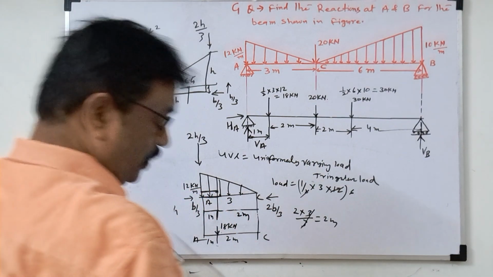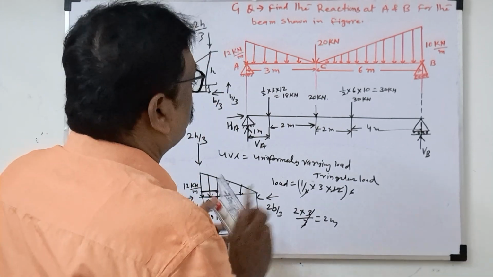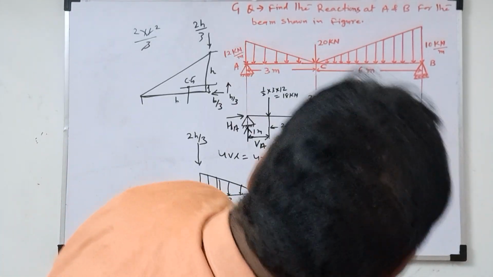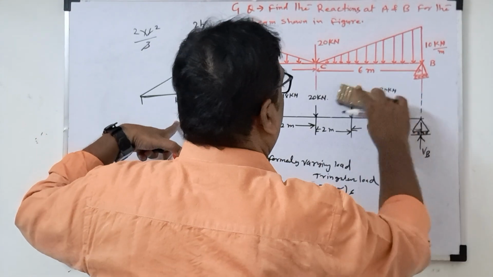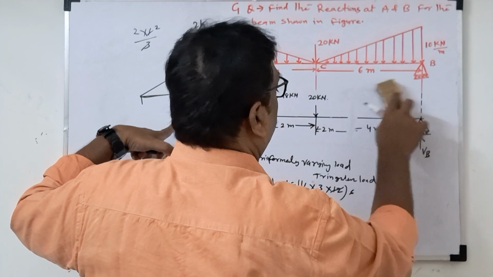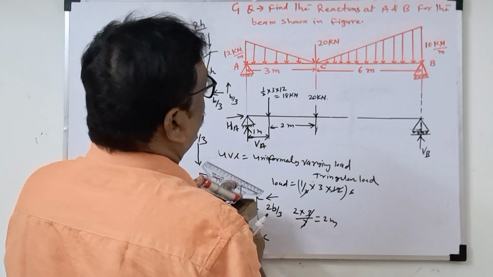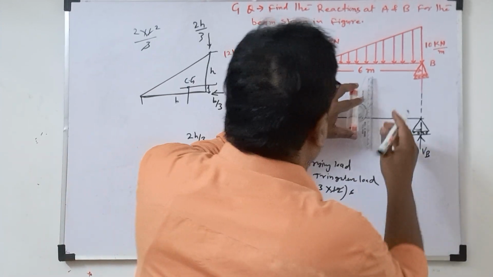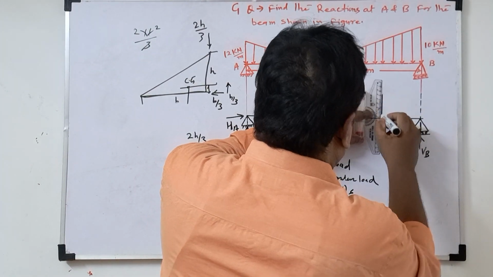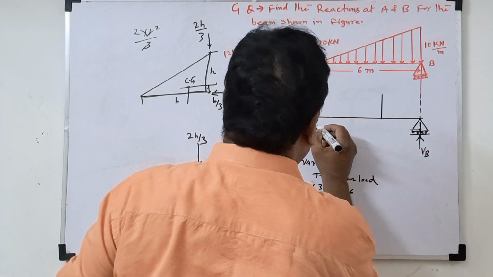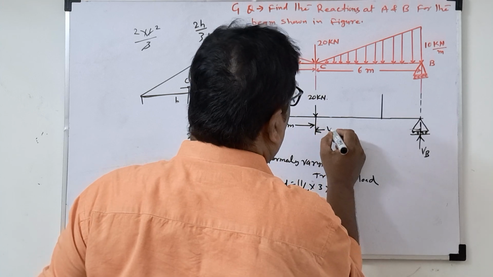So lower sections we are coming now here. Lower sections will be 2b by 3. How did we do this? Lower sections will be 2b by 3. So this diagram will be 4. This distance will be 4 meter.